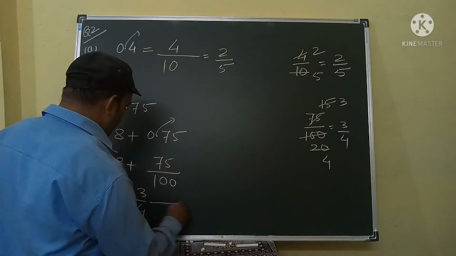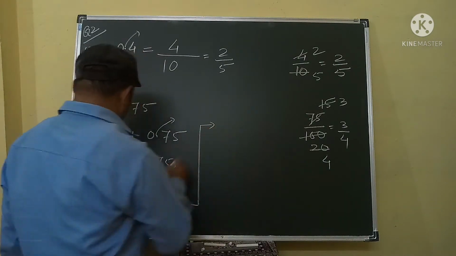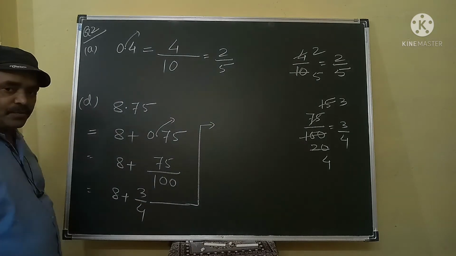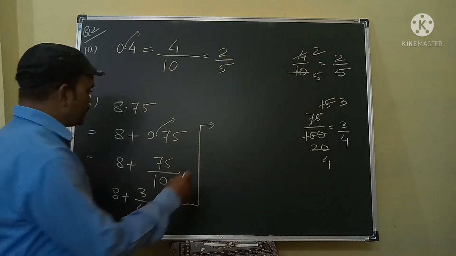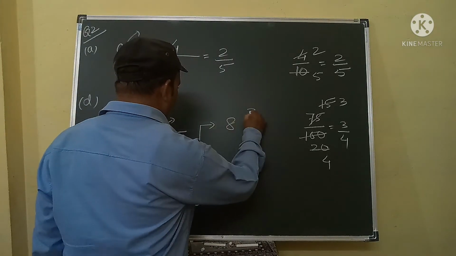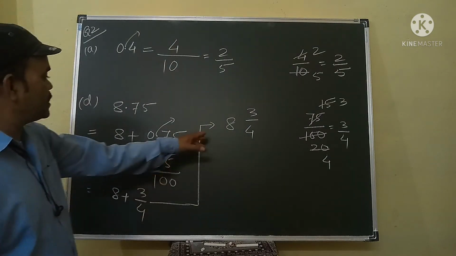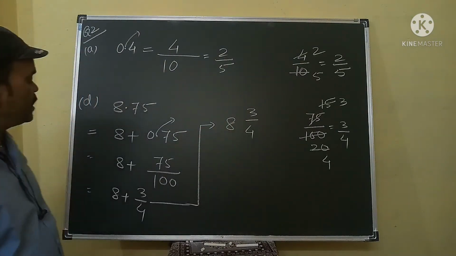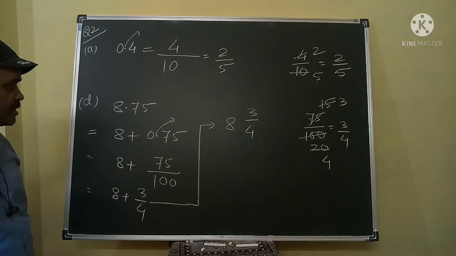Then what will we do? 8 plus 3 upon 4. This number we can write as 8 and 3 upon 4. This is the mixed fraction. And how will we convert a mixed fraction to an improper fraction?